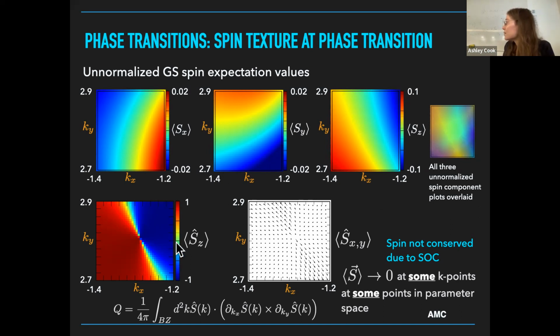If we plot the normalized ground state spin expectation value texture in the vicinity of the transition, what we see is there's a particular point in K-space at which the derivatives of the normalized ground state spin expectation value texture with respect to momentum become singular. And this is what destabilizes the Skermion number in this case.